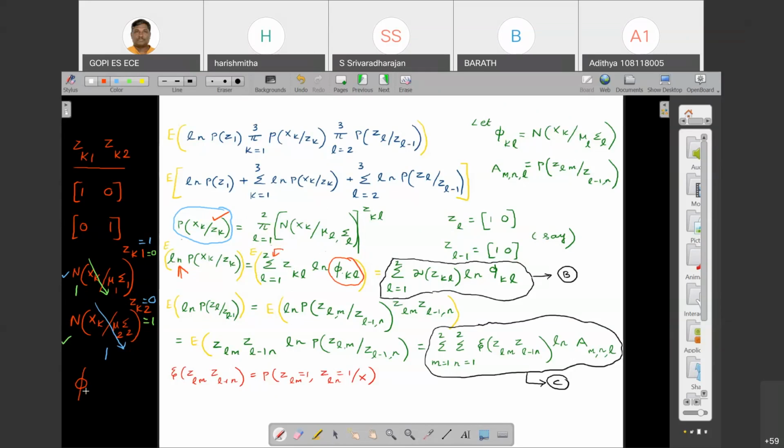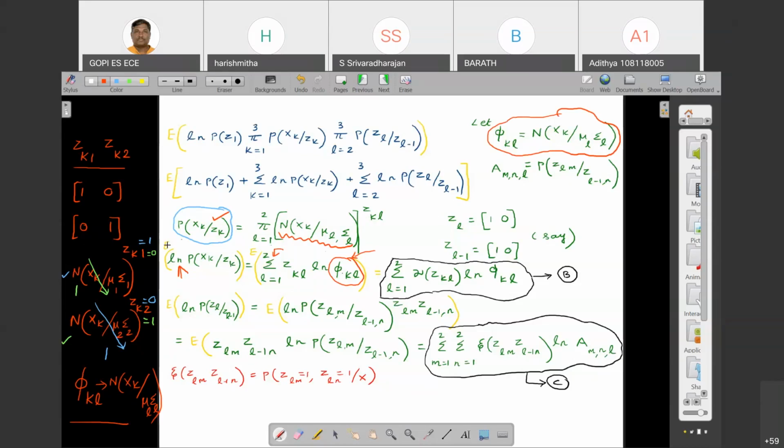What I'm writing here, phi subscript KL, means it is a normal distribution of generating that kth vector from the Lth state, mu L, sigma L. So this is the shortcut we are representing. The whole normal expression is represented by this shortcut. Phi KL is this normal, so this is what is written here.